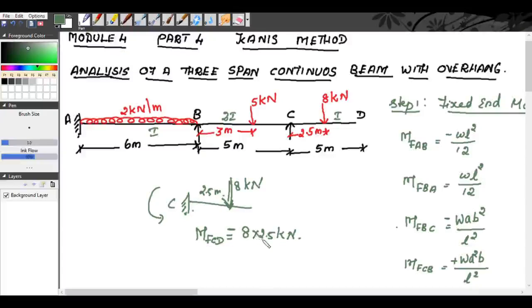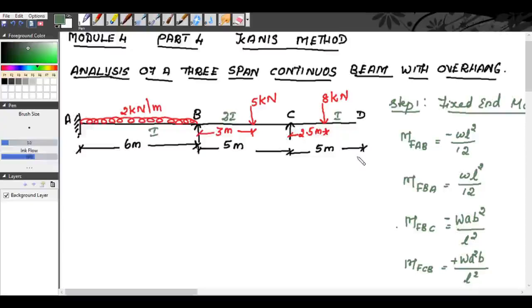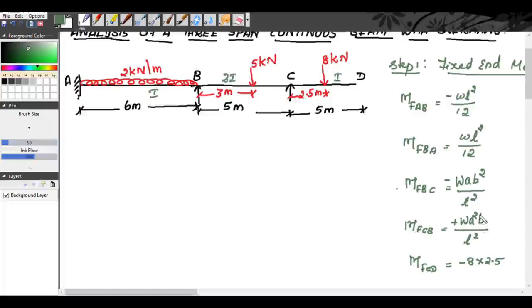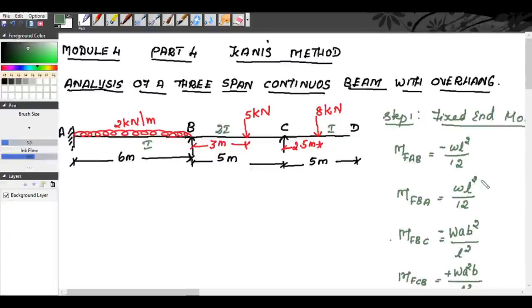So minus 8 into 2.5. There will not be any moment at D because there is no support at D. So since this is an overhang, MFCD, that is fixed end moment at C when the far end is D, will be equal to minus 8 into 2.5.